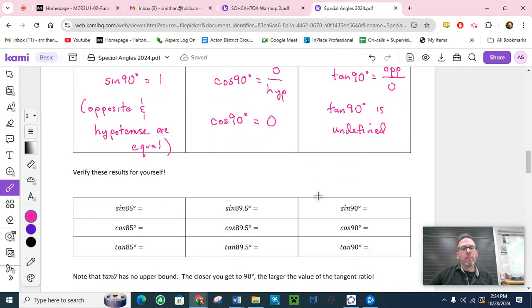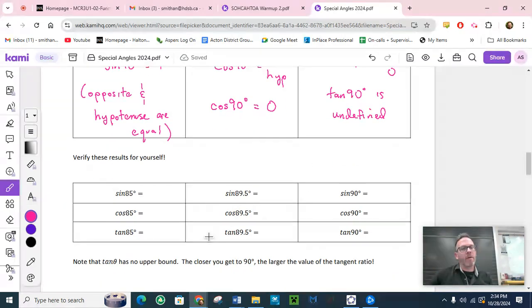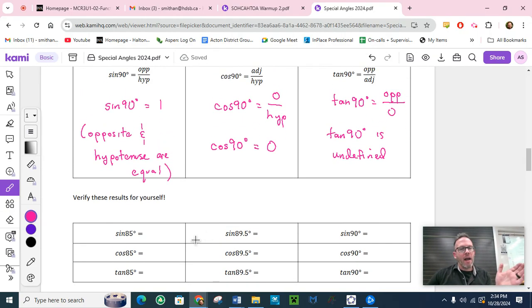So first of all, I've got some different numbers here, and let's just verify that the sine, as we get a number closer and closer to 90, does get us closer and closer to 1. Sine 85. Oh yeah, we're super close already. 0.9962.